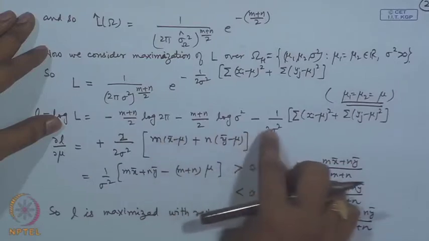Now, based on this I can consider the maximization with respect to sigma square.